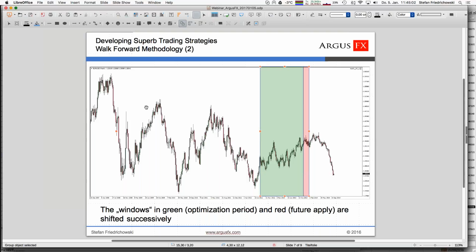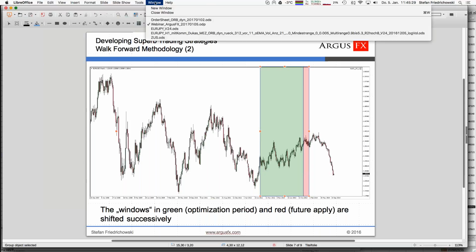Good. But how does a result look like? And still we have the question, what should be the length of the green box? And the length of the green box is the remaining degree of freedom. So it's the length of the applied history for the optimization process, which finally has been done iteratively during the complete history of available data.